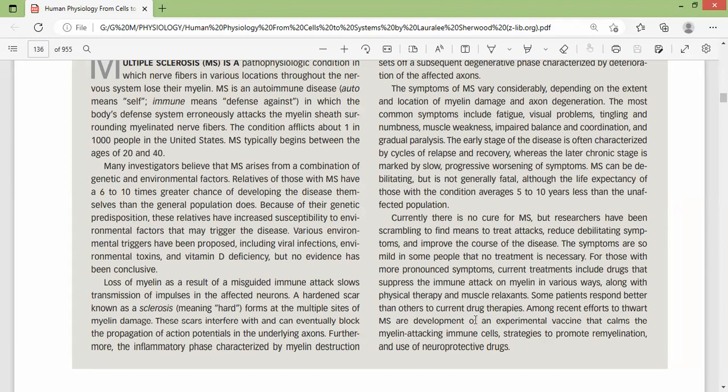MS, we said it is class 2. I think it was class 2, I'm not sure. Maybe someone can confirm. What type of hypersensitivity reaction is it? I'm not sure.